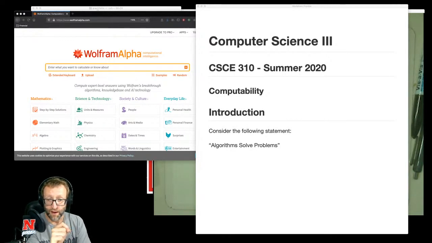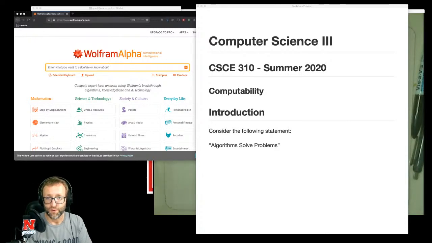I would never say that, as I've tried to hammer home in Computer Science 1 and 2 over and over again for years. Computers don't solve problems. Computers are dumb. The computers do exactly what you tell them to do, or exactly what they're told to do. They're just machines, automatons. That's a word that we'll come up with later on here.